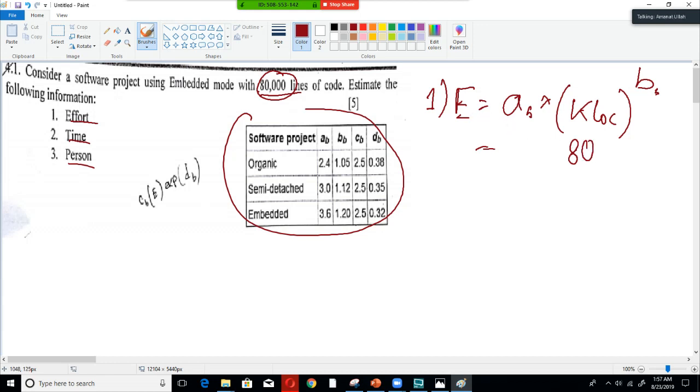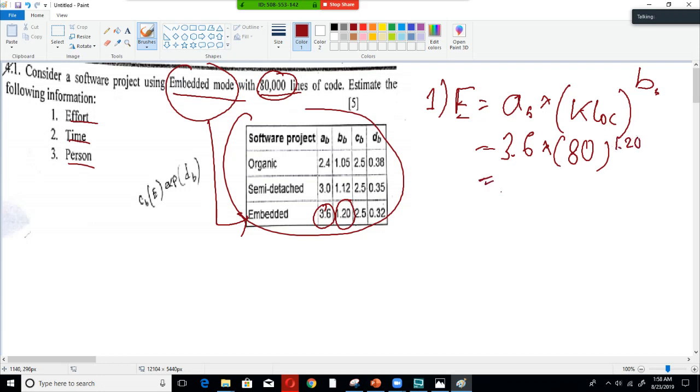Now a_b. The project is embedded mode. So for embedded we see a_b is 3.6, so we will use 3.6 here, and 80 to the power b_b. For embedded b_b is 1.20, so we will use 1.20.